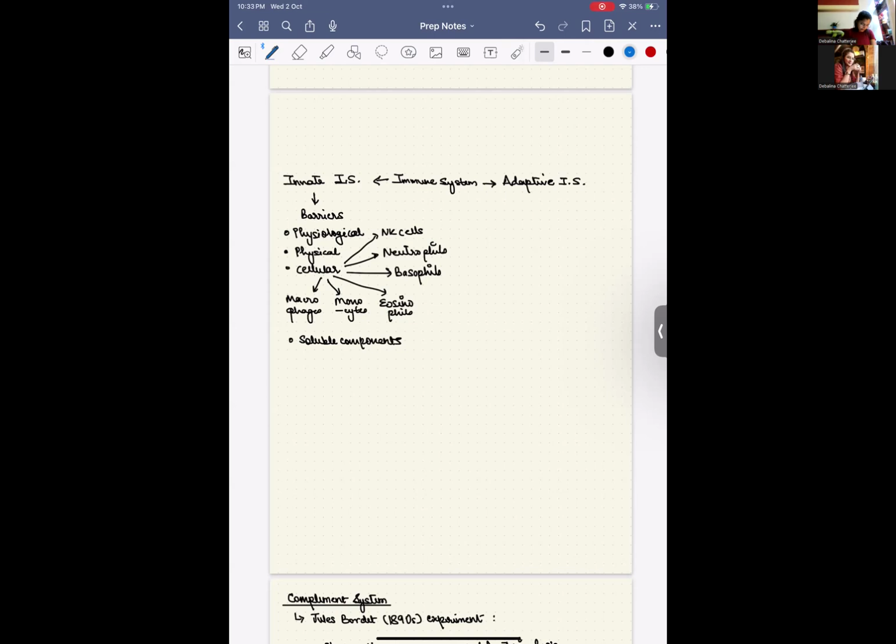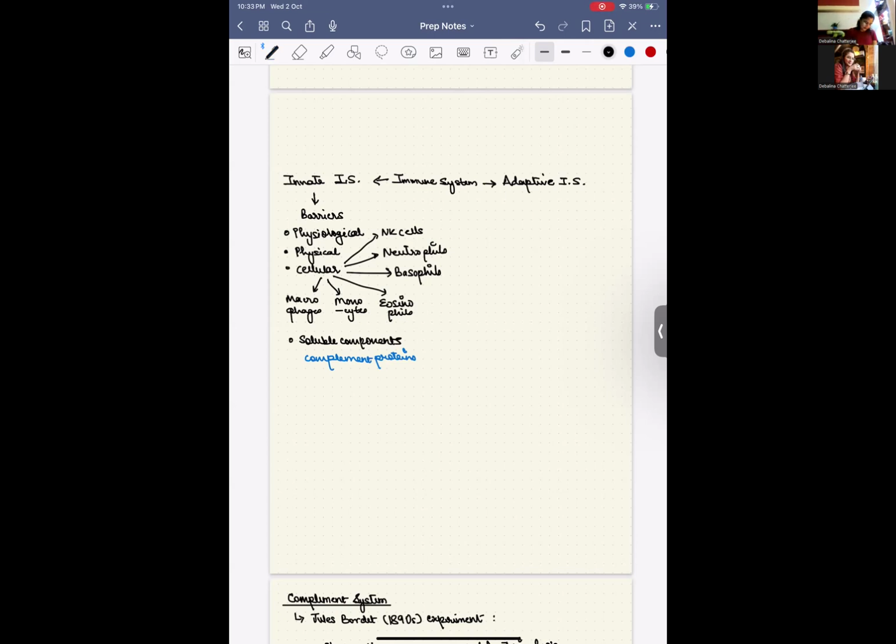So these were some chemokines, the cytokines that we are talking about. Those are soluble components from the adaptive immune system. But very similarly, the soluble components of the innate immune system are the complement proteins.